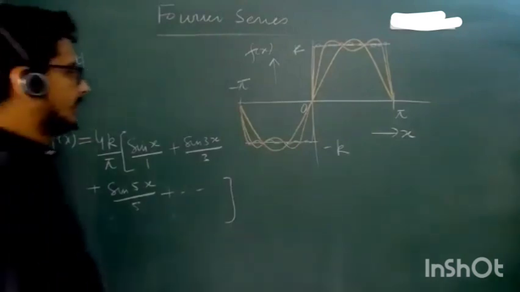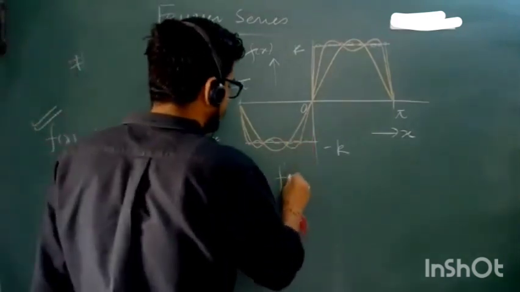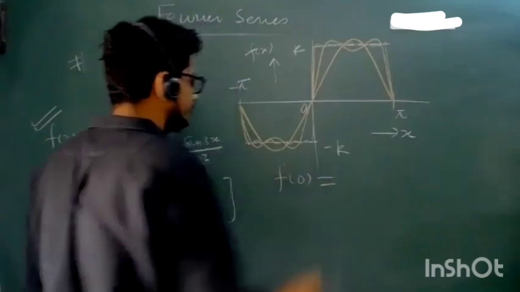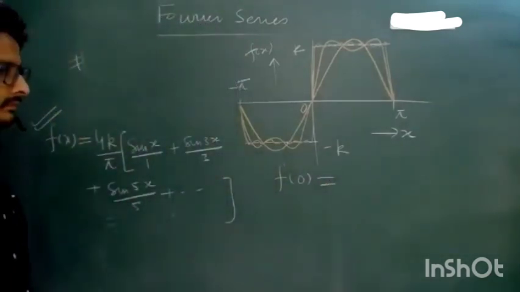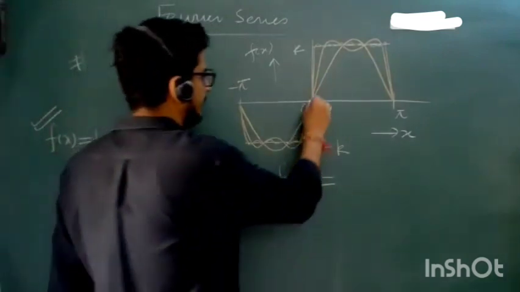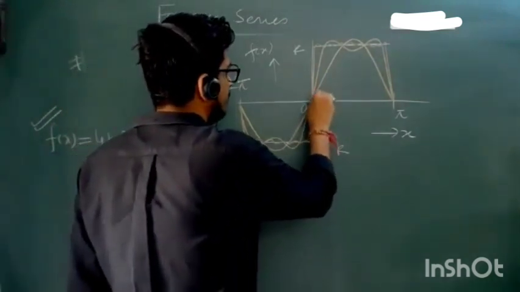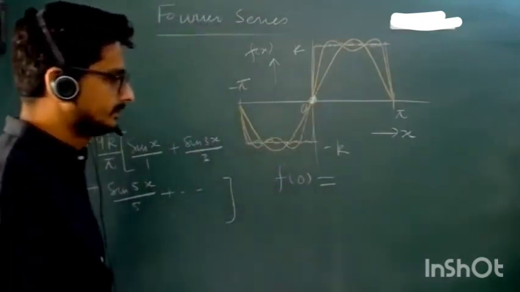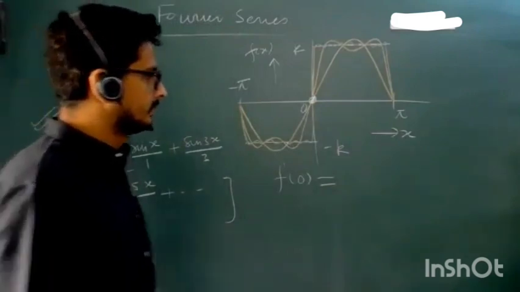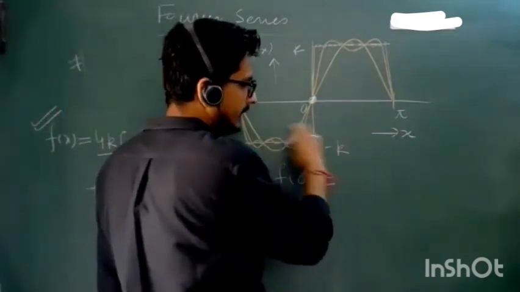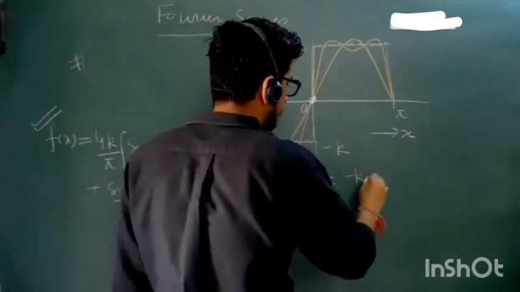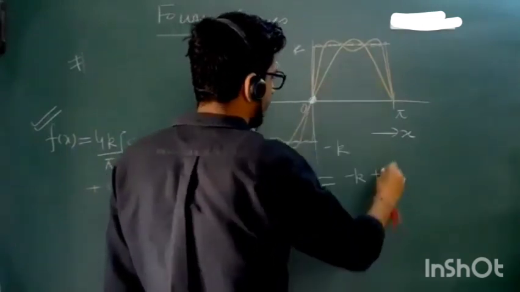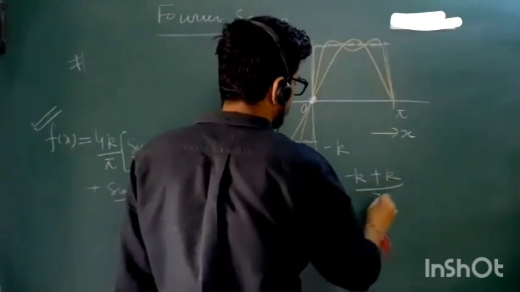And what is the value of this function at 0? Zero. At 0, what is the value of the function? 0. So that is taken by taking the average of the value at the left side and the value at the right side of the function.